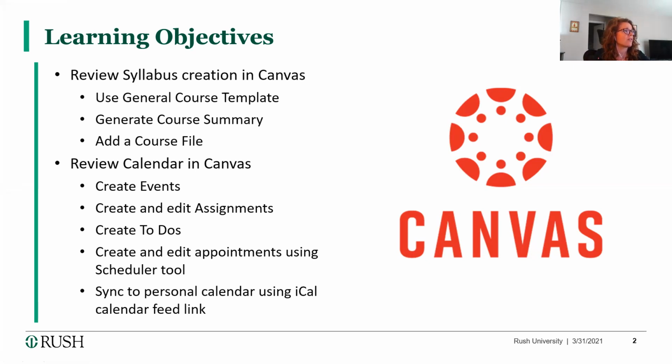We'll look at how the general course template is used for that, the course summary and how that works, how to add and use a file, and how to use a course link in your syllabus so that you can make it more interactive.